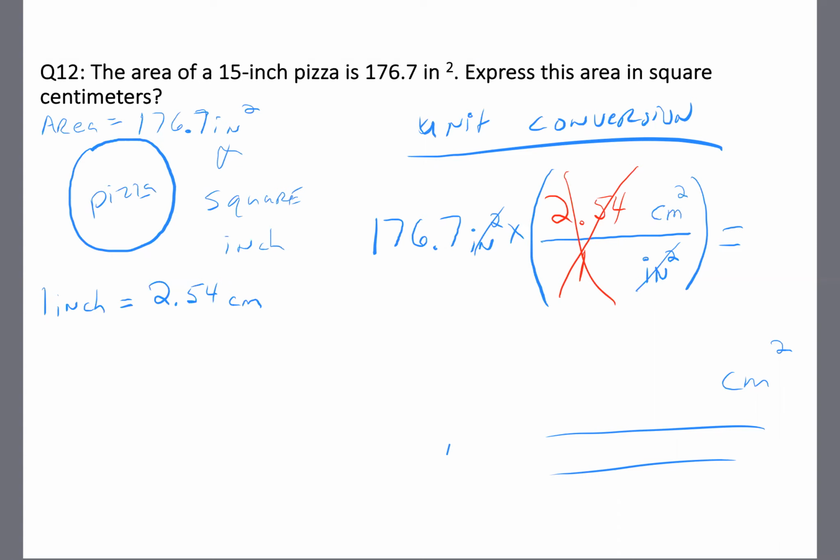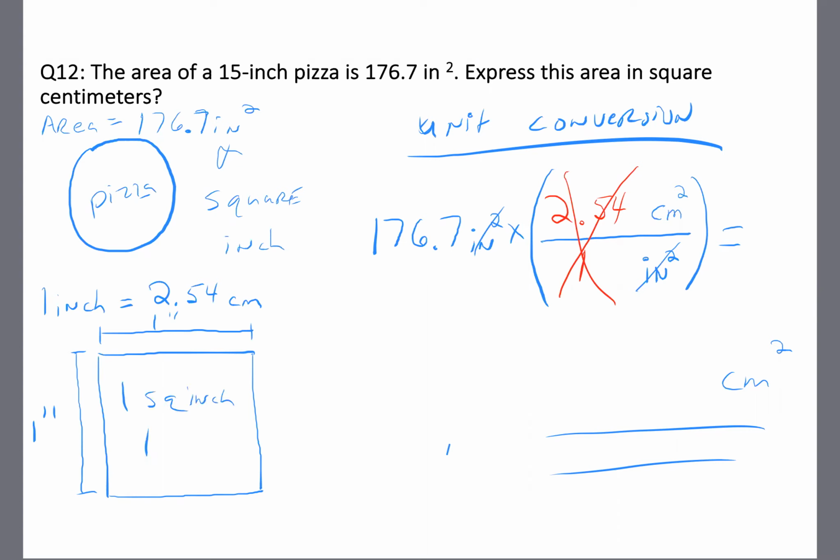Now to prove that to you, I'm going to draw a picture. And this picture, on purpose, is going to be 1 inch by 1 inch, which is 1 square inch, isn't it? Or 1 inch squared, 1 by 1. Let's think about what the dimensions of that box are in centimeters. Since it's 1 inch wide, it's got to be 2.54 centimeters wide.